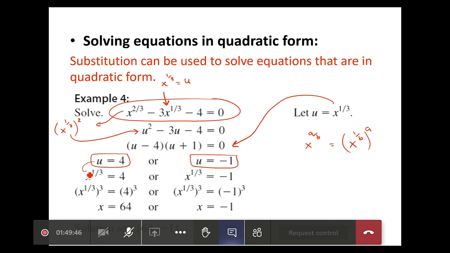So replace u with x to the power 1 over 3, and here 1 over 3 means take the cube for both sides. So x equal 64 because we have 4 to the power 3, and x equal -1 because we have -1 to the power 3.